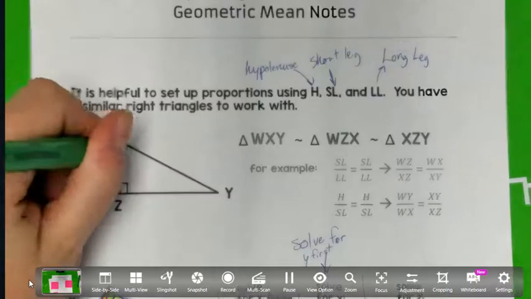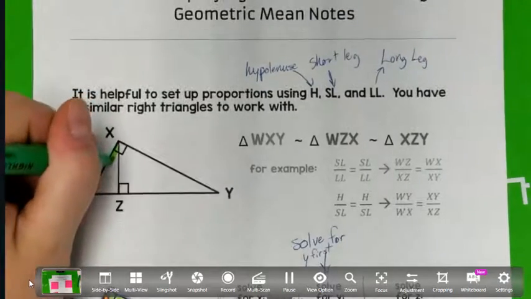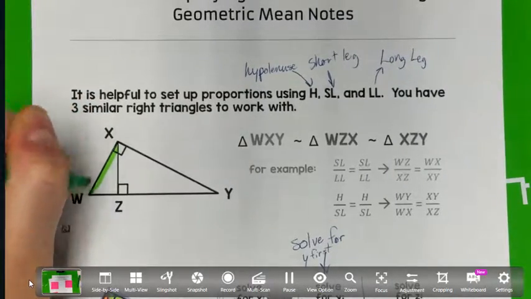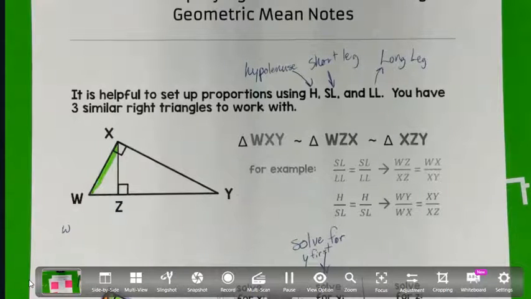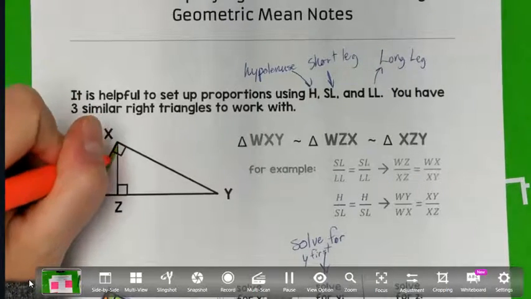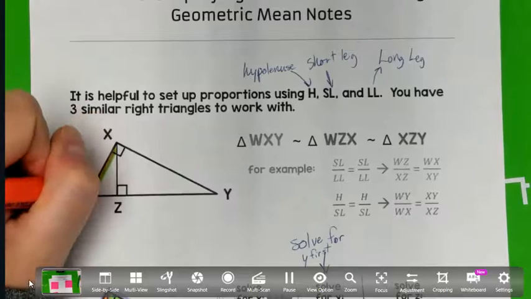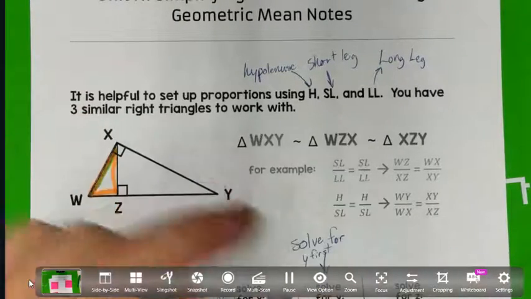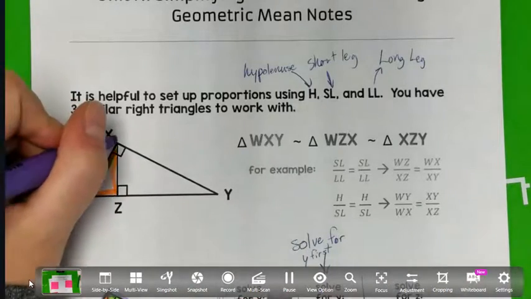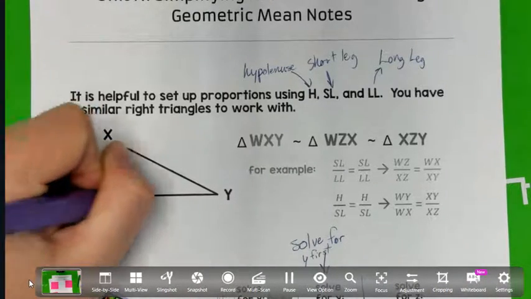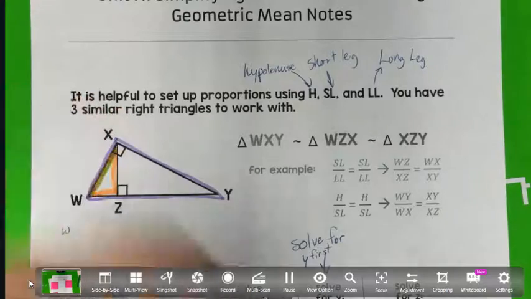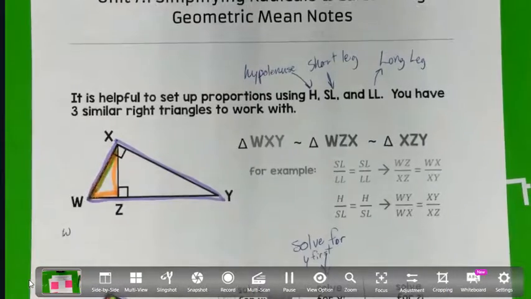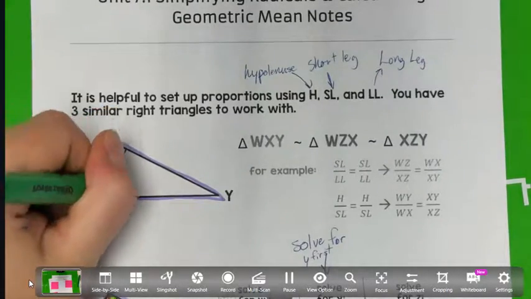So we're going to do the same thing here. Actually, we are going to use this color. So that one's orange. This big one is going to be purple, and this one's going to be green.